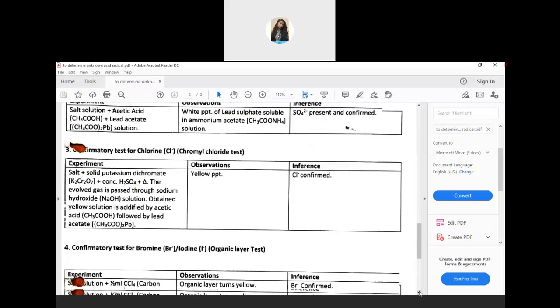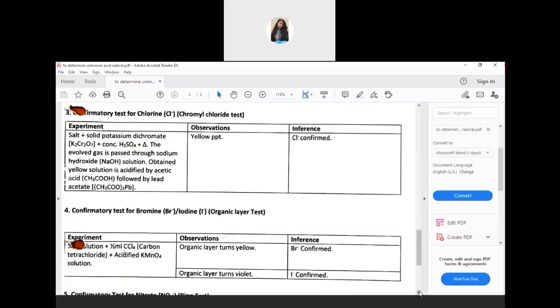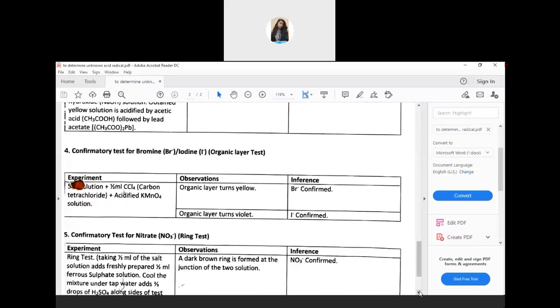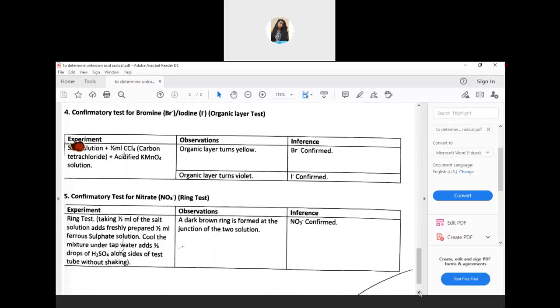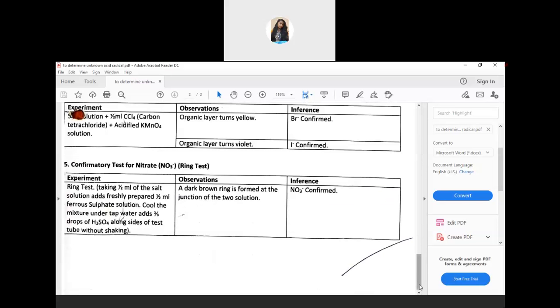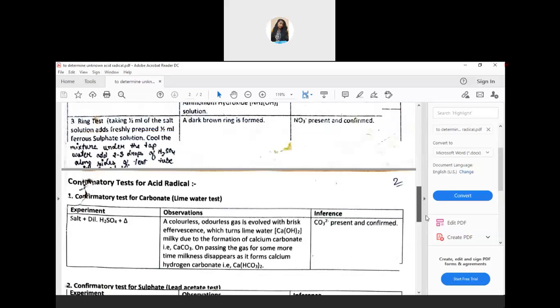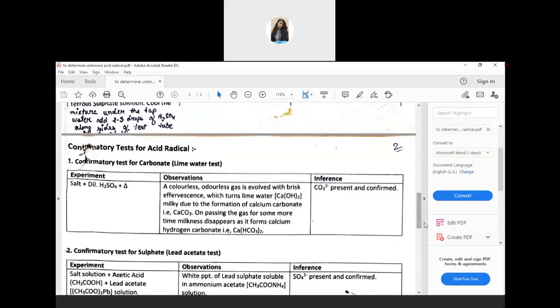If bromide and iodide are present, you go through the confirmatory test of bromide and iodide ion. If nitrate is present, then you go through the confirmatory test for nitrate ion. If you didn't find an ion, don't do the confirmatory test for that ion. Only do the confirmatory test for the ion you found. Everyone got it?